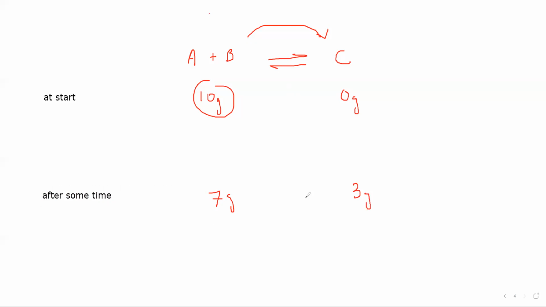Because as the product starts to increase, the product will also decompose. It depends. For example, 7 gram of reactant is decomposing, forming 2 gram of product. But out of 3 gram of product, only 1 gram is decomposing and forming back the reactant.